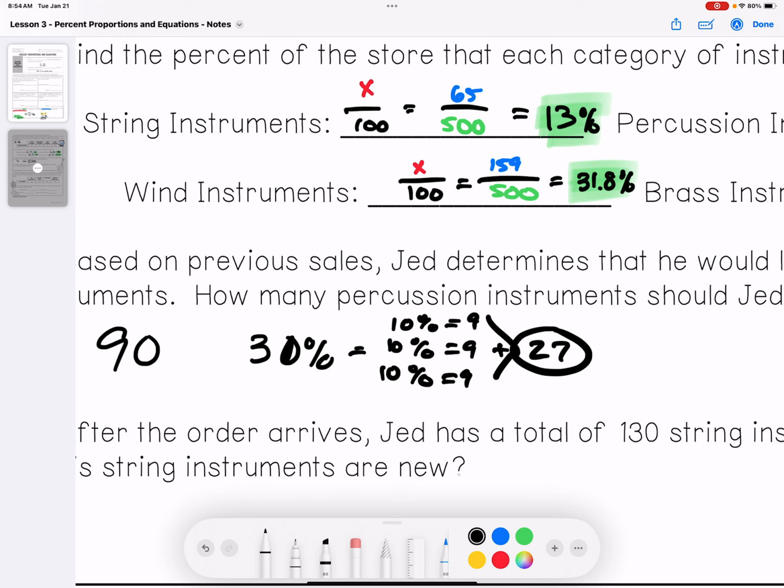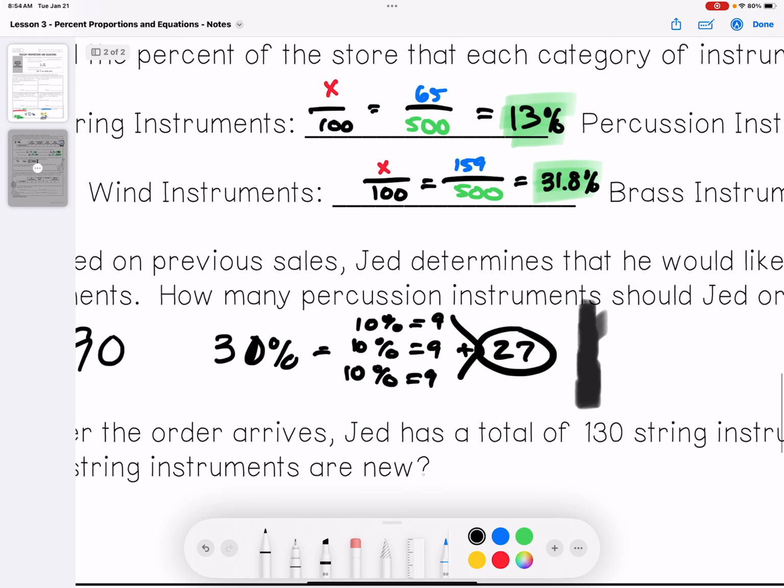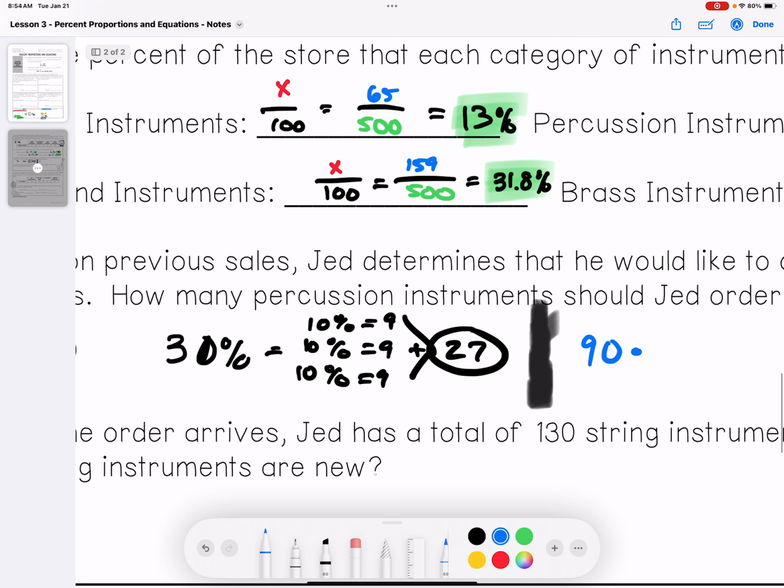There's another way to do that. In your calculator, I want you to go 90 times, remember percents are decimals, 0.3. You can put the 0 at the end if you like.